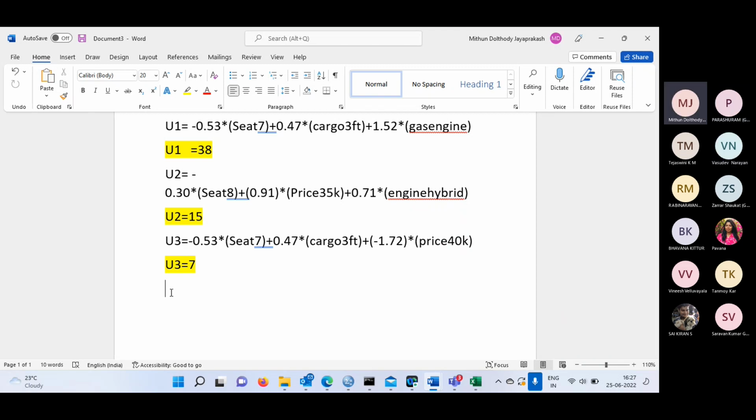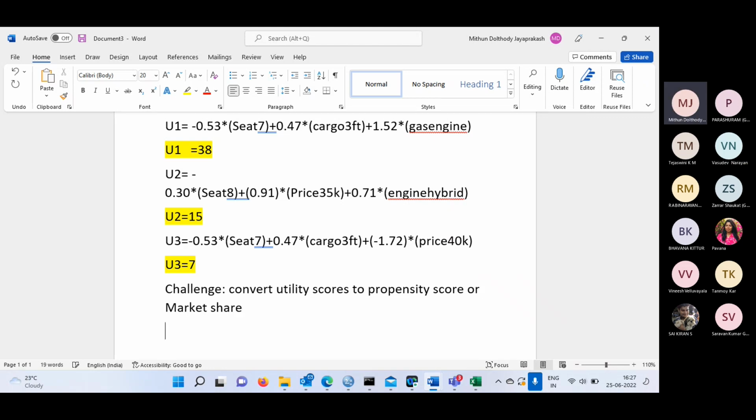So this is your utility scores, guys. The challenge here is that it's a bit difficult to interpret the utility scores. So what we do is convert these utility scores to what is called a propensity score or market share.